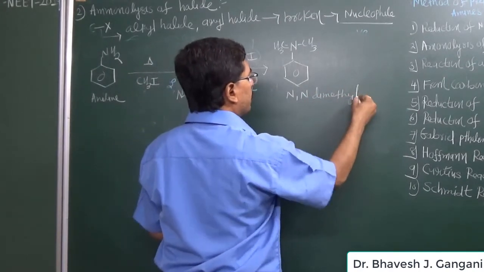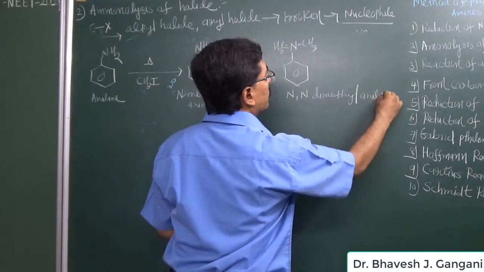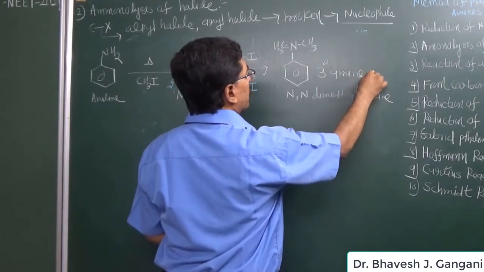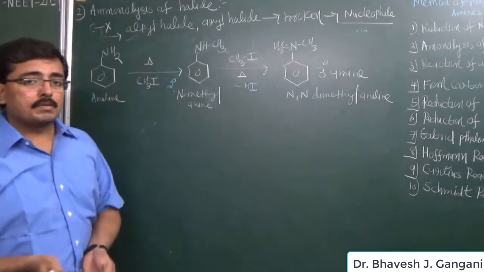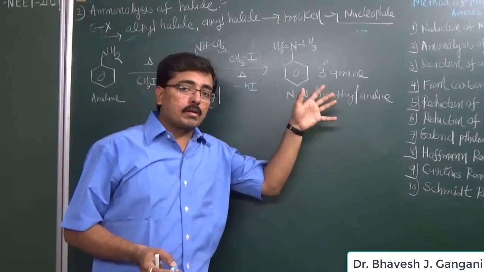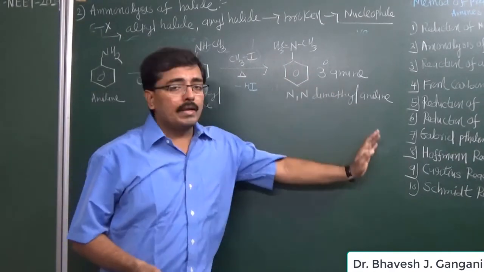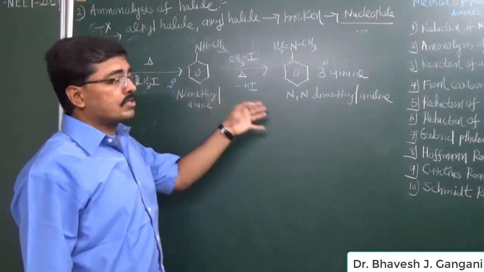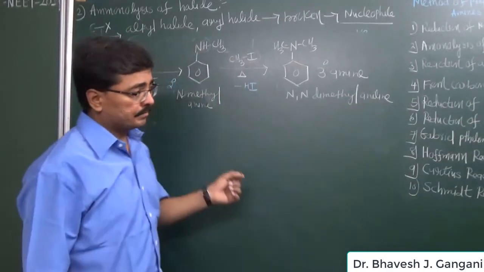Now which type of amine is the N,N-dimethyl aniline obtained? It is a tertiary amine. So by using this method, when the carbon halogen bond is broken and we obtain an amine, the amine can be converted into secondary amine. Tertiary amine is also possible to prepare.